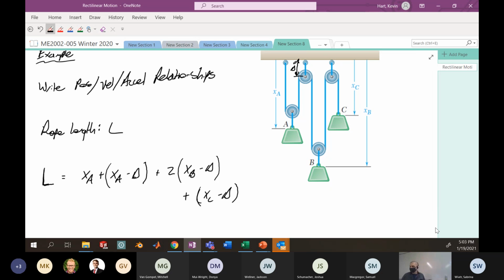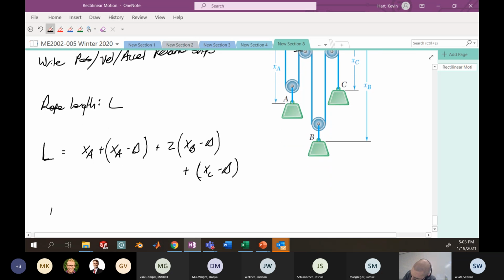The point is you're going to end up with some constant value L, which is the length of the rope, which we don't necessarily know at this point: XA plus XA plus 2XB plus XC minus 4 delta.